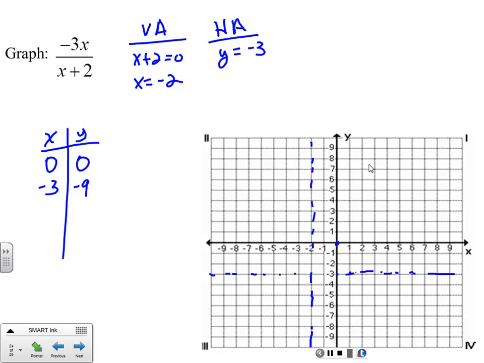I'm thinking -9. -3 times -3 is +9. And then -3 plus 1 is going to be -1. So you're getting -9. Alright, so we're down here. So a little bit of investigation never hurt anybody.